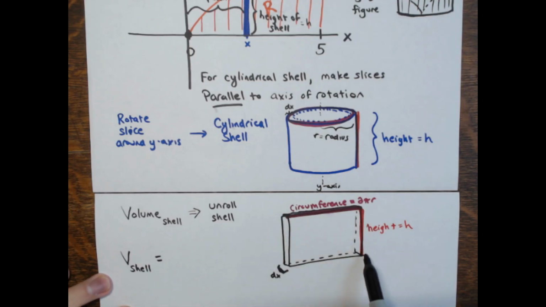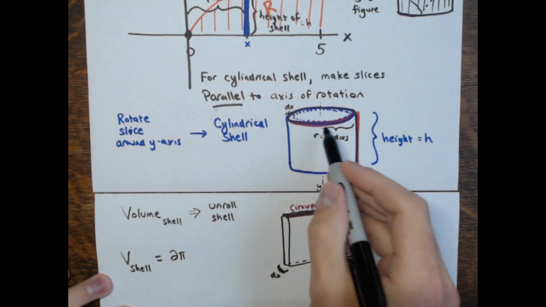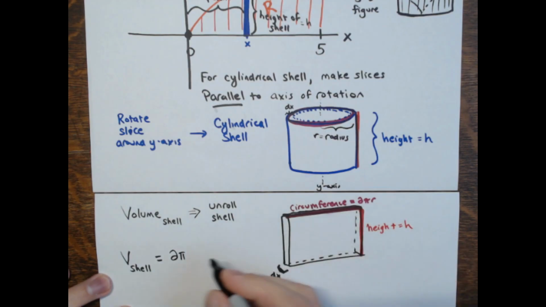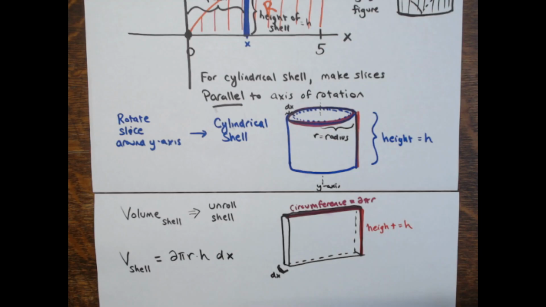It's length times width times thickness. It's the area of one face times how thick it is, which would be the circumference of the ring times the height, so 2 pi r times h, that would give me the area of this one face, and then times the thickness, dx, and in other problems we'll see it with dy.